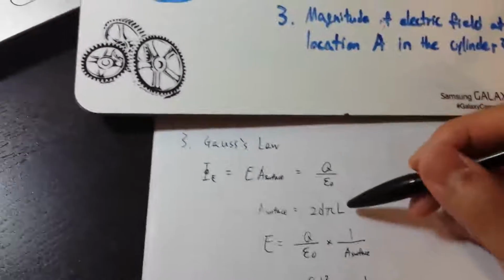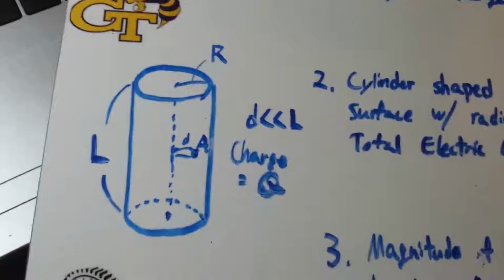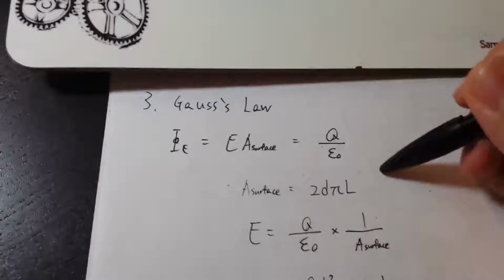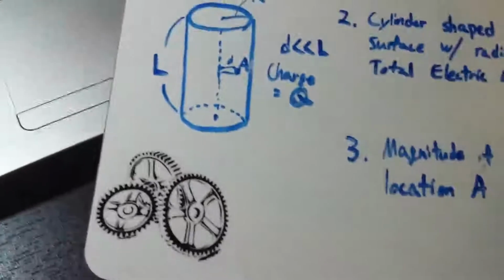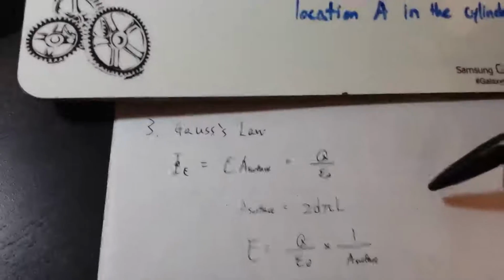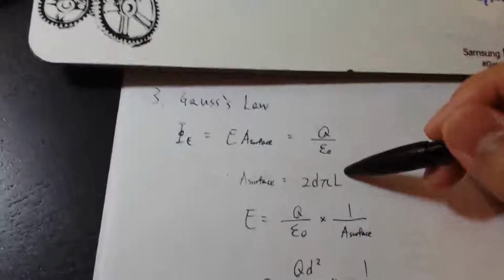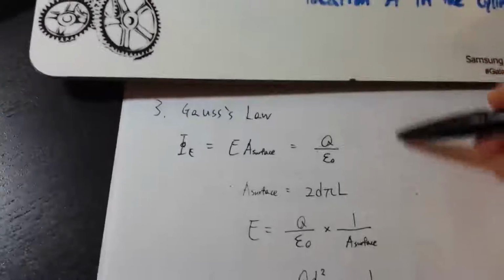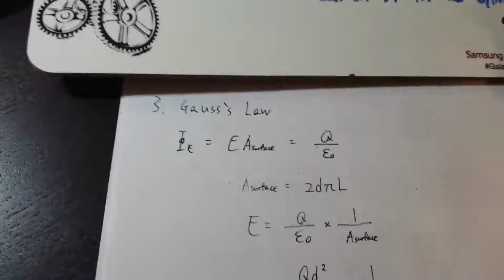The area of the surface of the imaginary Gaussian surface simplifies to 2 times d times pi times the height L. 2 d pi is the circumference of the imaginary Gaussian surface, which is in the form of a cylinder, and L is its height. So that area represents the side area of the cylinder.